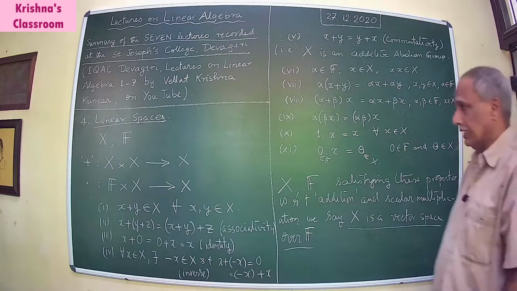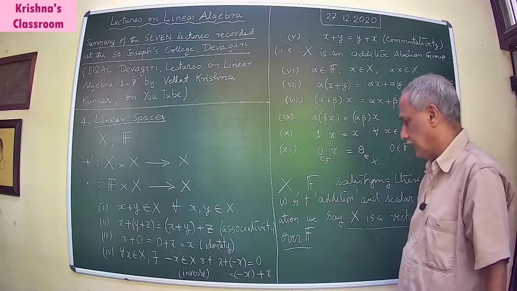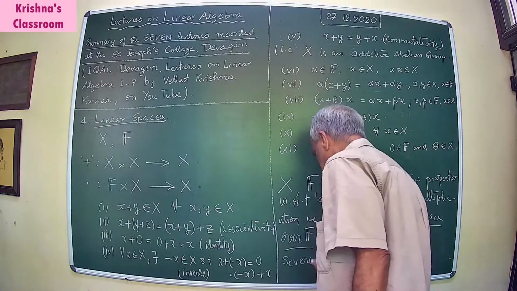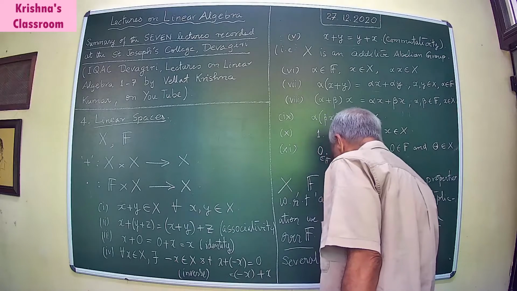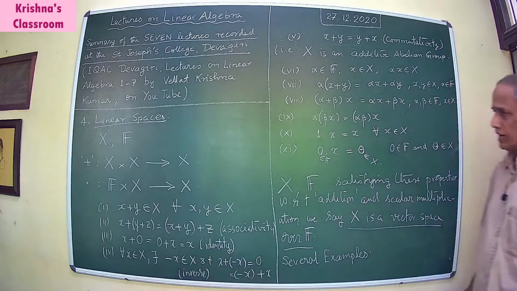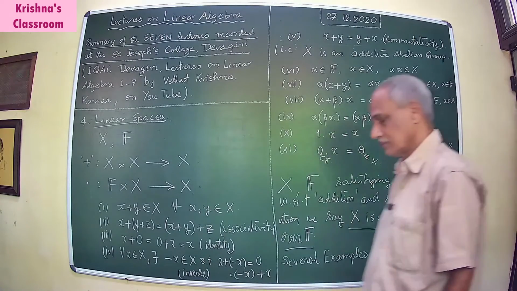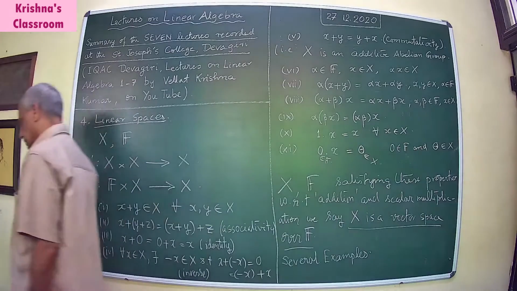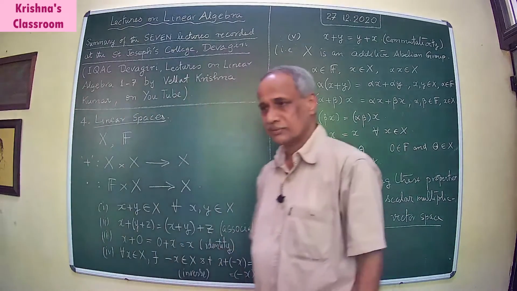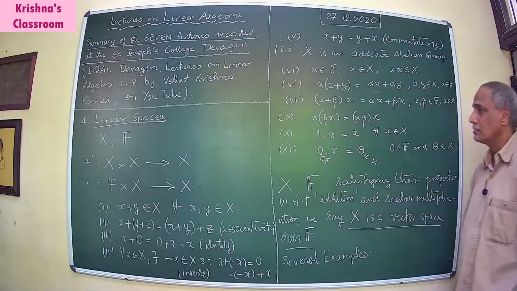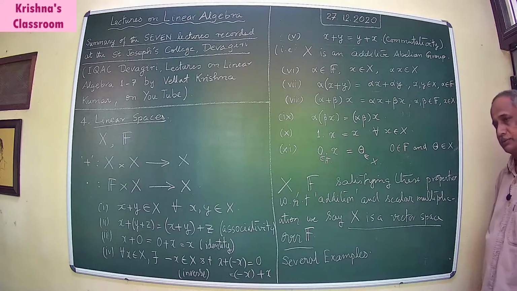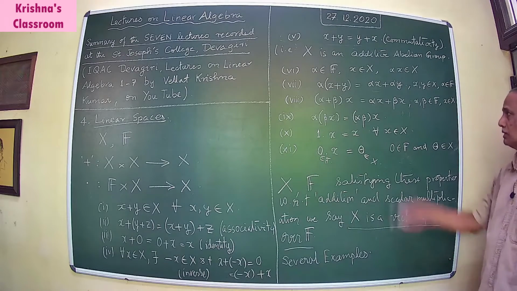Now then, after the definition, I look at several examples. Of course, the singleton zero element in R is a vector space over R. It's trivial for all these conditions.